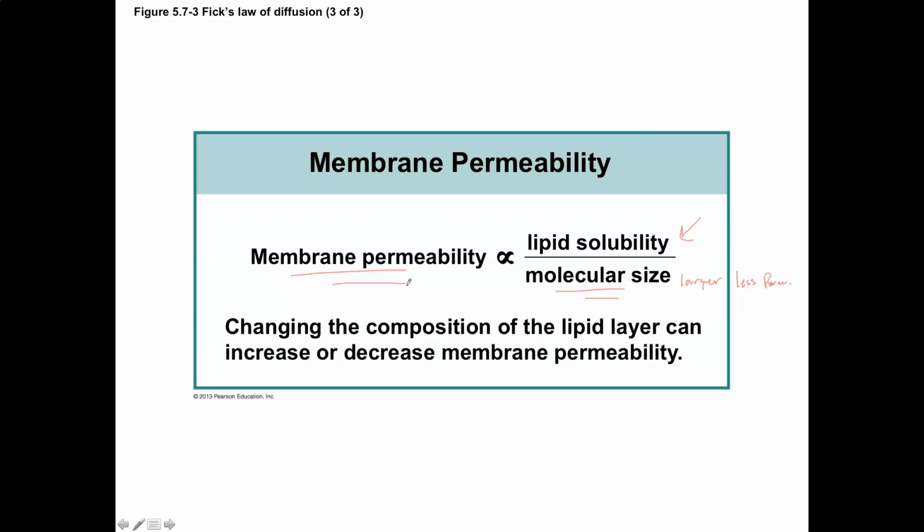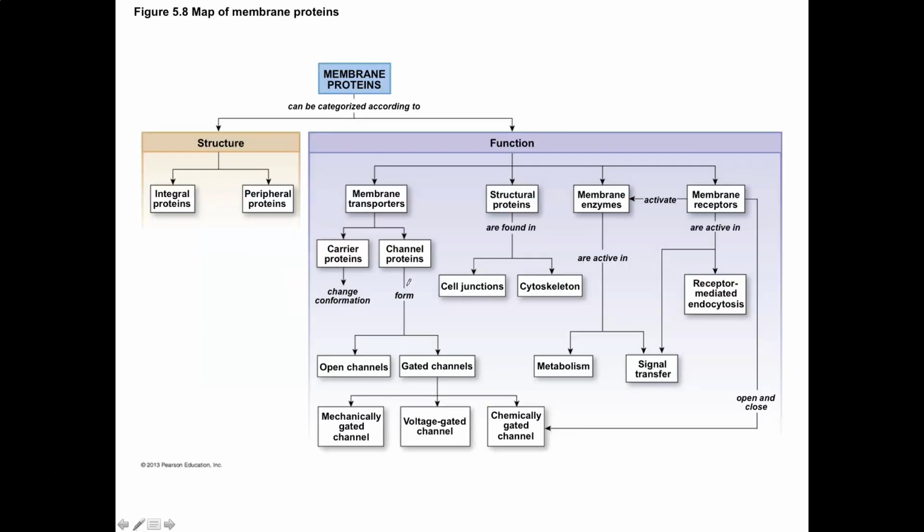Another thing to consider with transport is this idea of using membrane proteins for transport. I said earlier that when you're looking at overall permeability, sometimes something is not permeable. Let's say an ion like sodium is not permeable to a cell unless you have a protein channel that's going to allow that sodium to pass through it. So sodium is relatively impermeable because it's an ion, and ions don't just cross the plasma membrane.